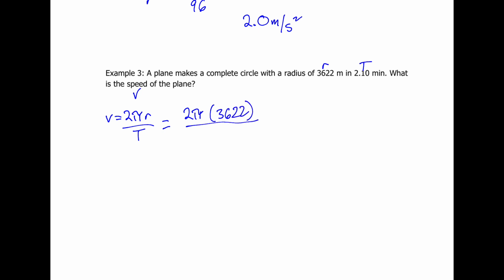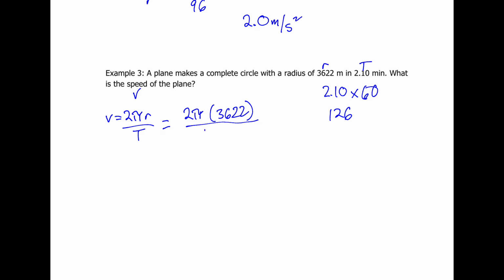3,622 and 2. Oh, right. You're right. Undo. I got to go 2.10 times 60, which is 126, because time is always in seconds. You don't do math in minutes. You got to do it in seconds.